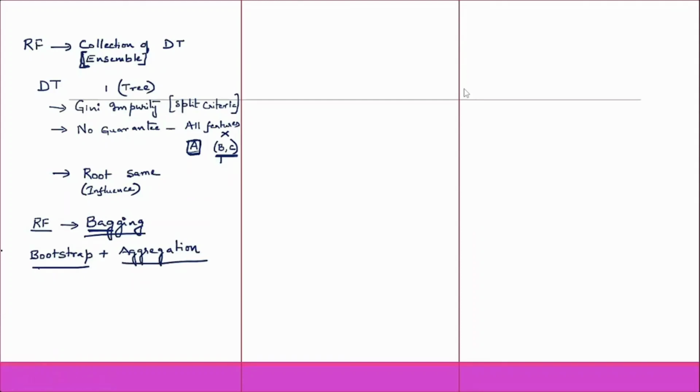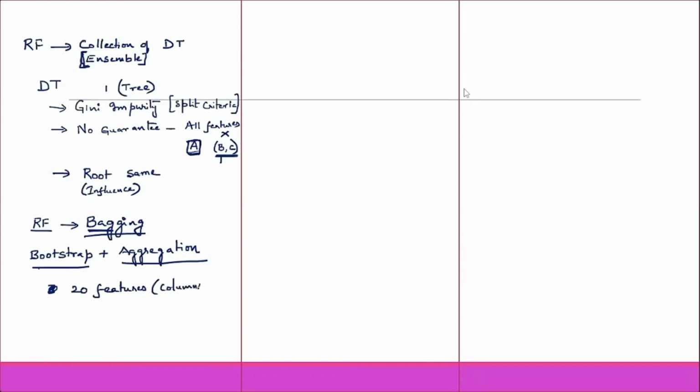Okay, so now what happens here is, let's say in our data we have 20 features, 20 columns. Features are nothing but columns.